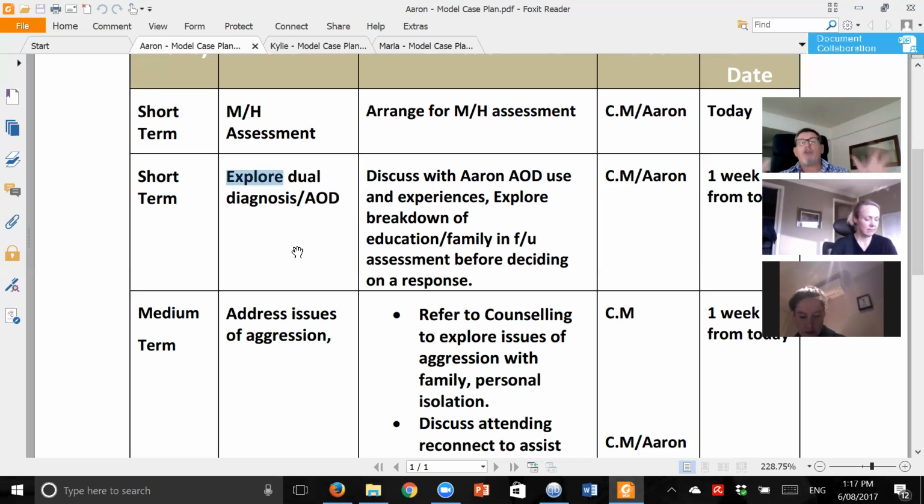You're not going to capture everything in your assessment. Remember that. The assessment process will be, if you're lucky, a two-hour sit-down discussion, and you're not going to get everything you need to know about that person in that time.